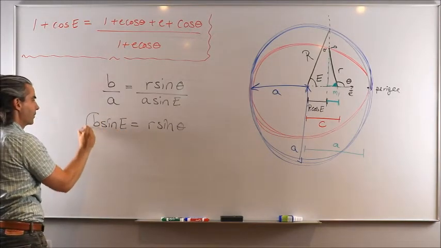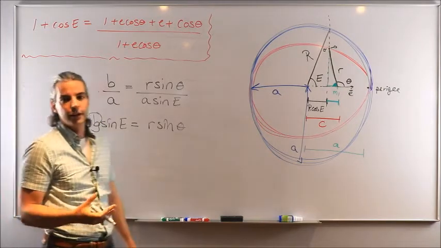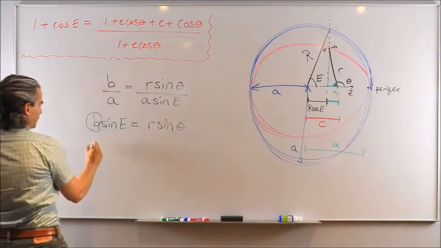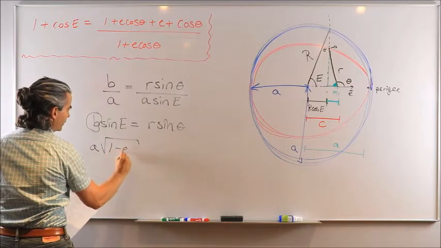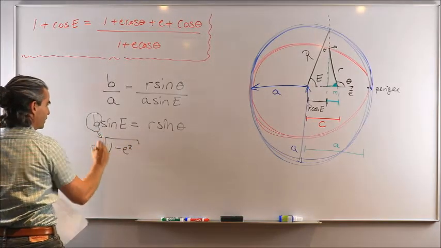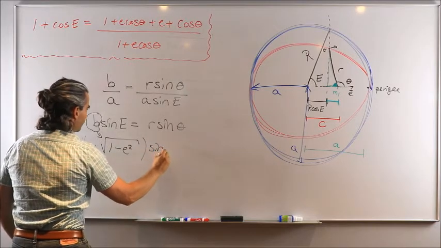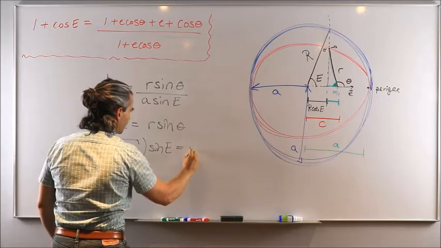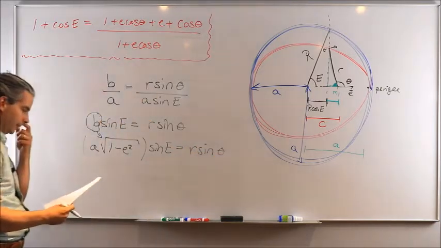Furthermore, I'm going to replace the expression for B for what we had derived in the elliptical orbit subsection, which is A square root of 1 minus E squared. So all this is for B. Put that in parentheses, multiplied with sine of the eccentric anomaly, then equal to R sine theta, which is our true anomaly.